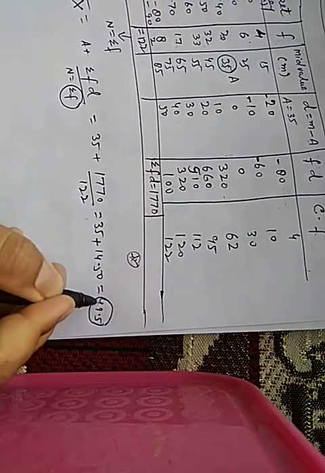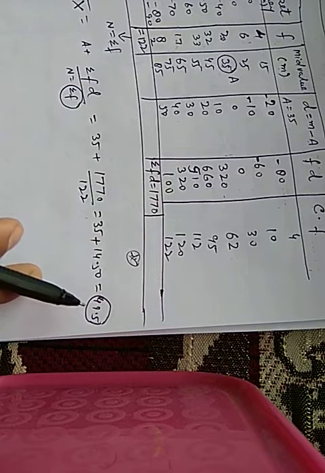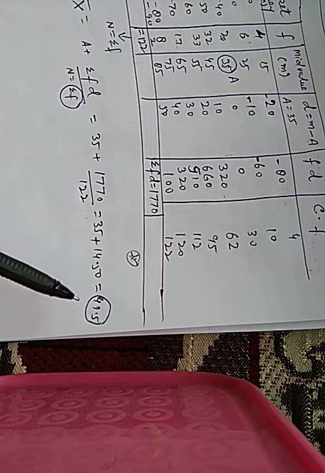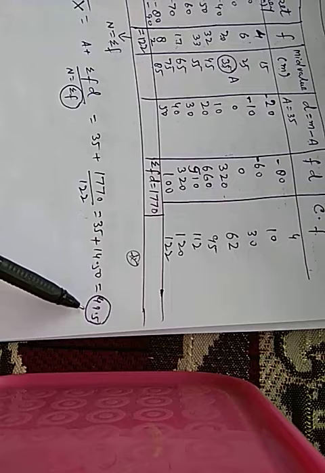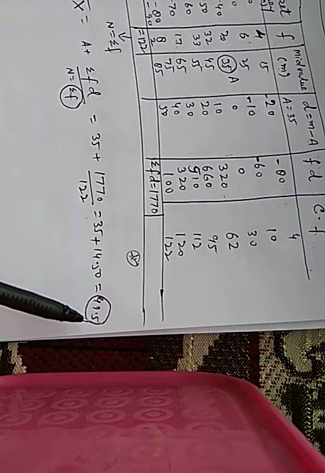This is the arithmetic mean of this data, showing the average pocket income of 122 students. That is, the average pocket money of 122 students is equal to 49.5 rupees.